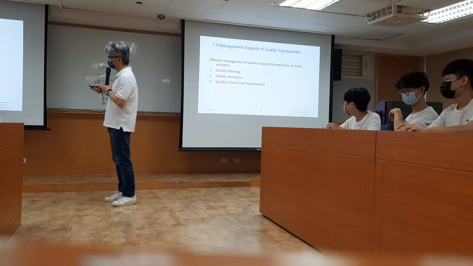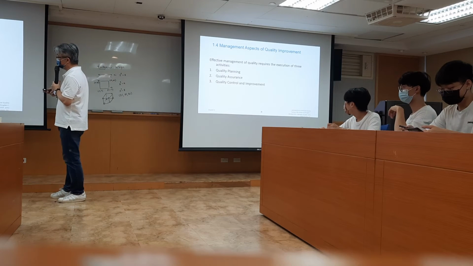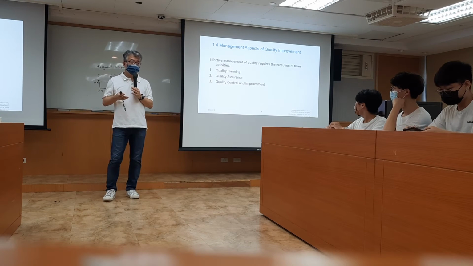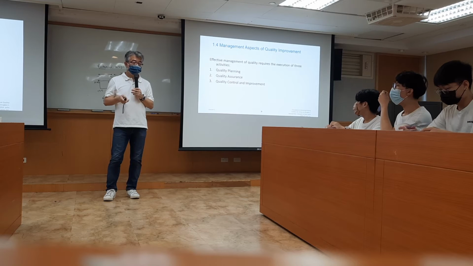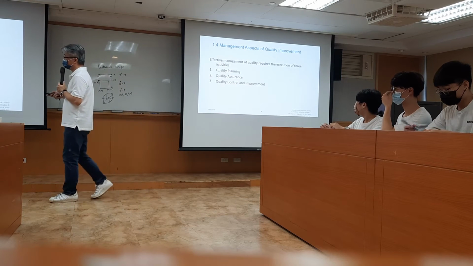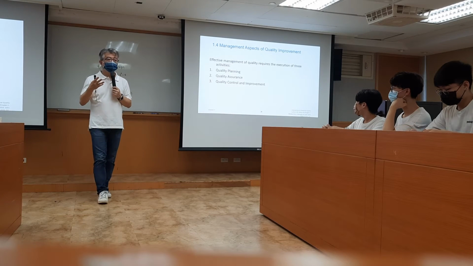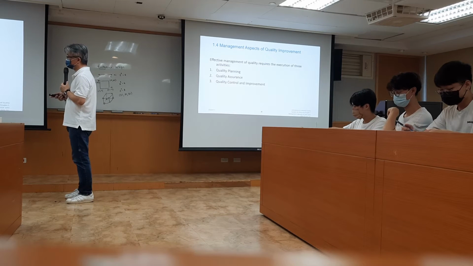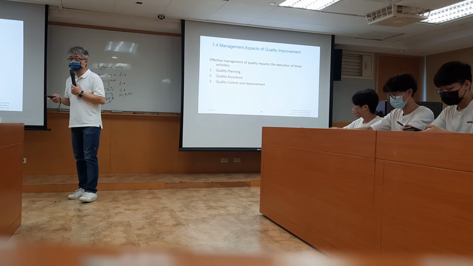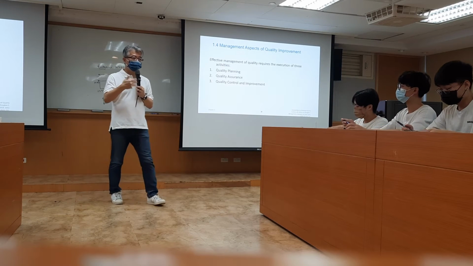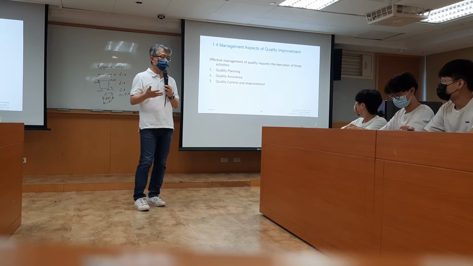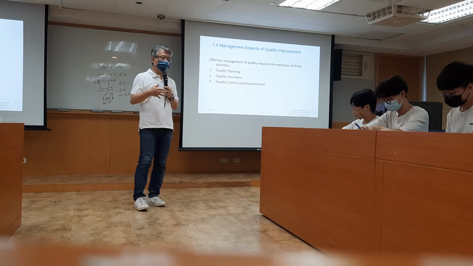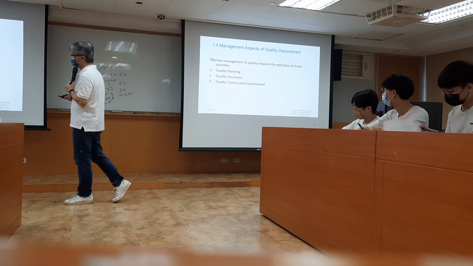Always remember what QI is: quality improvement. Effective management of quality requires execution of three activities, which are of critical importance. First one, you need to plan before you want to get something done, and quality assurance, so you can make sure the quality level of your project, the new product design, or the new product production. Finally, control and improvement.